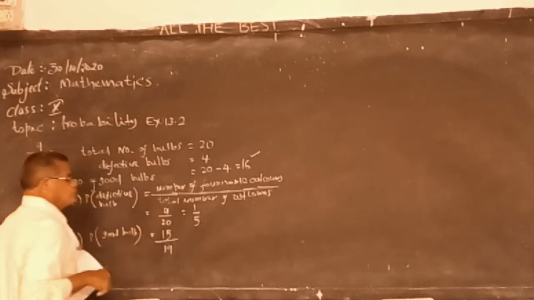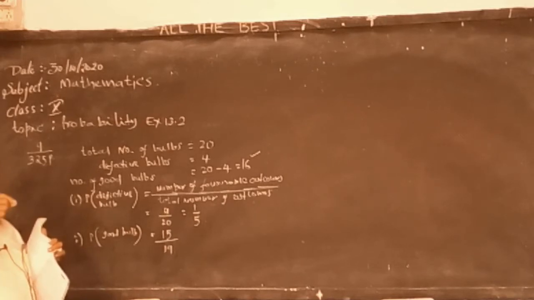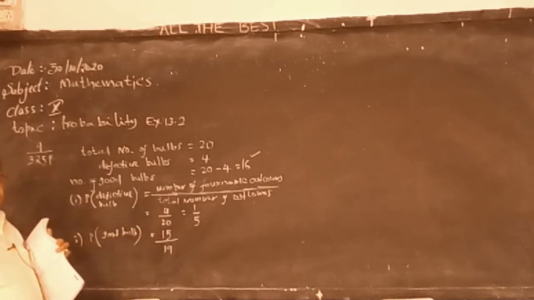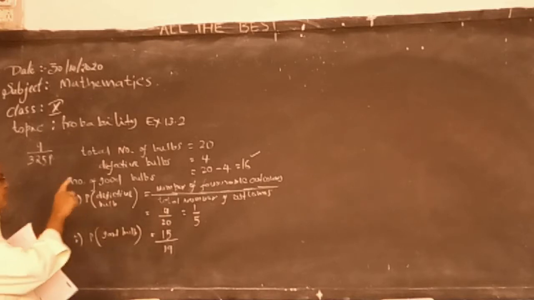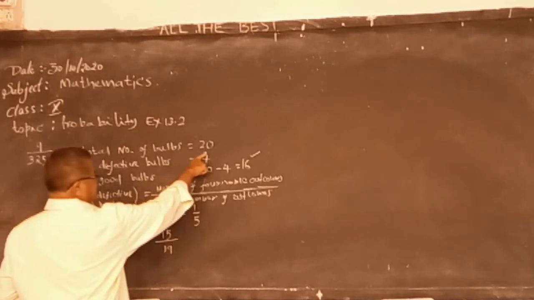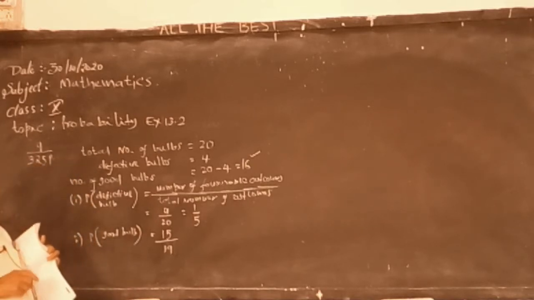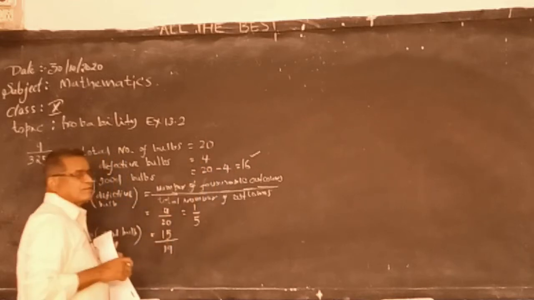Out of 20, a good bulb is kept outside, in the showroom, to show the customers. Total number of good bulbs is 16 and one bulb is kept outside.